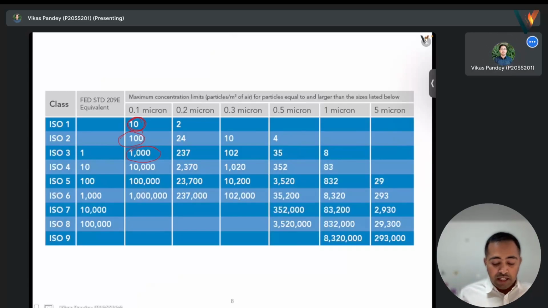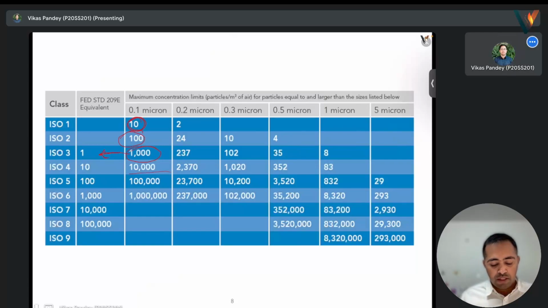And you see this ISO 3 is equivalent to Fed standard class 1. So ISO 1 and ISO 2 will be even more stringent in comparison to Fed standard class 1, with more stringent particle size.